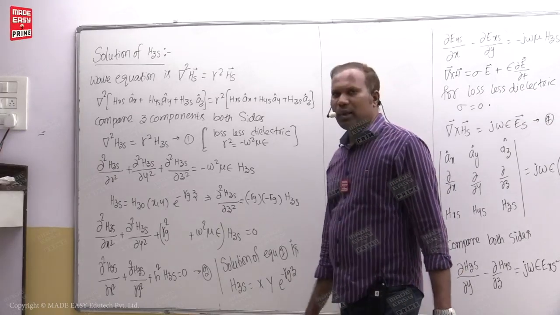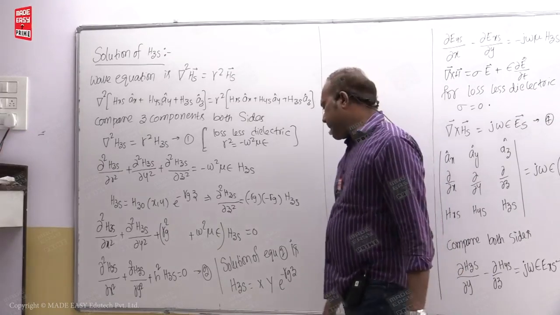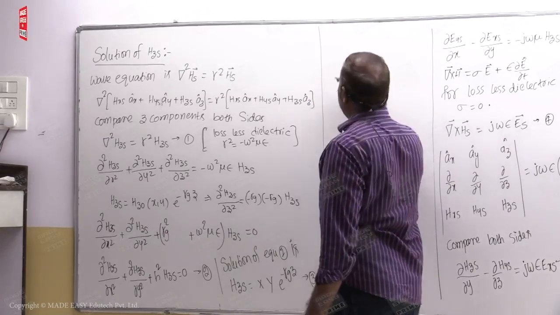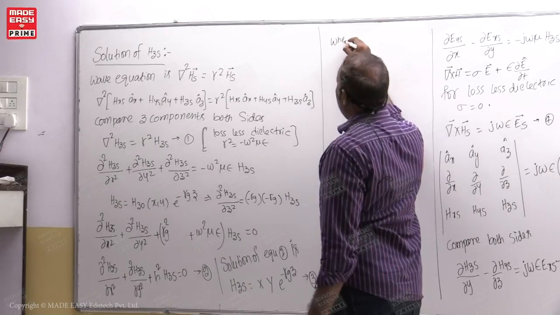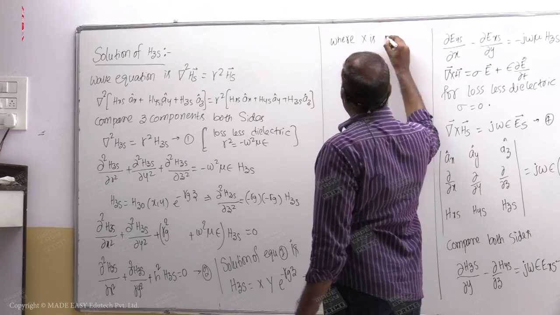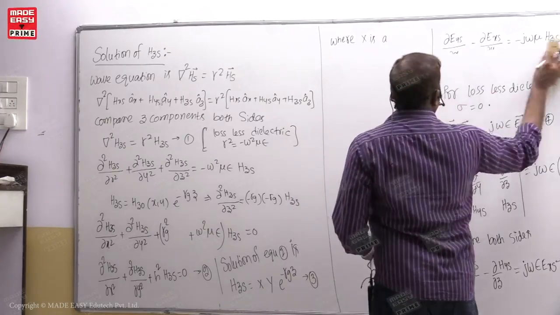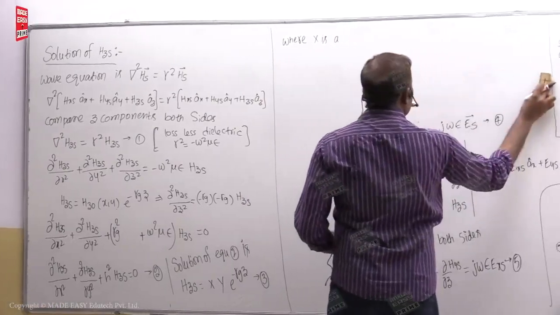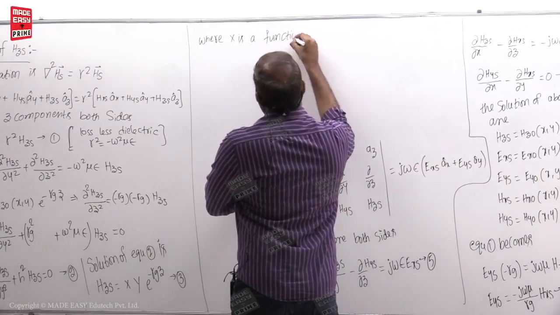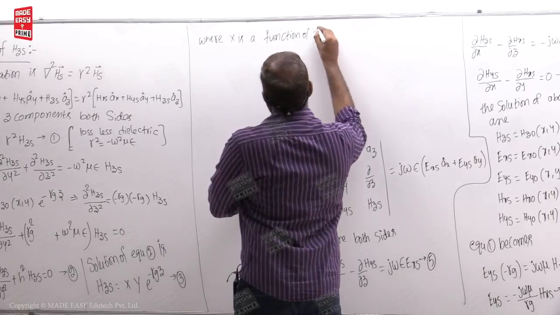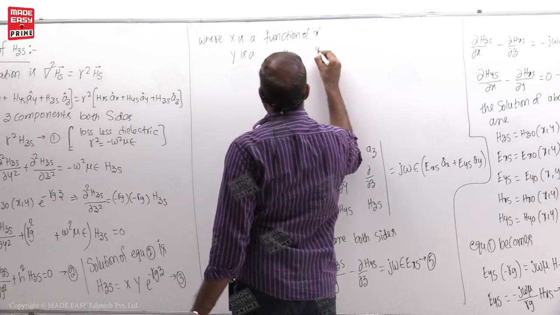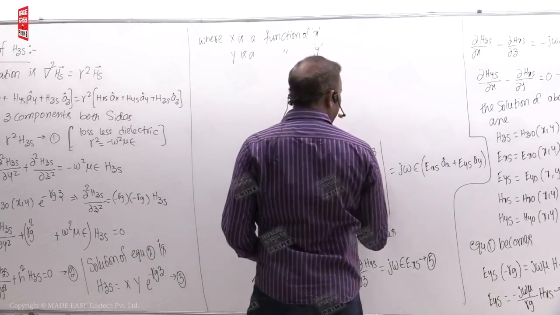Similarly, Y is also some equation, a function of small y, right? Let us say this is 3, where capital X is a function of small x. Similarly, capital Y is a function of small y, right?